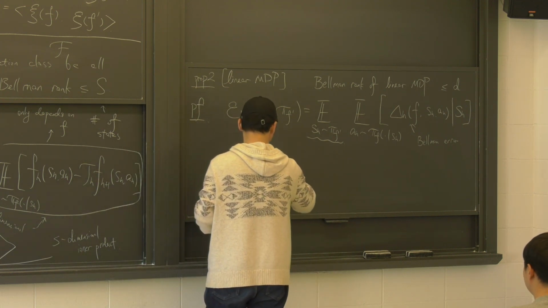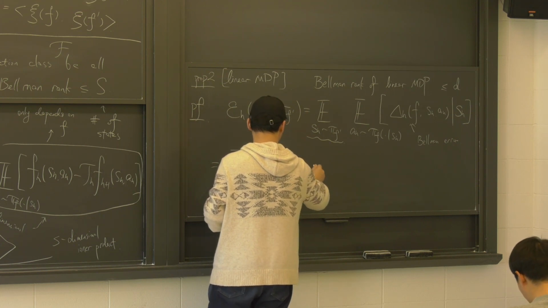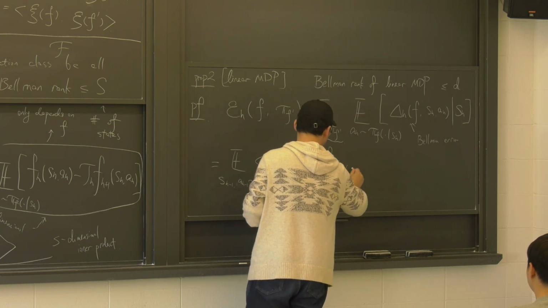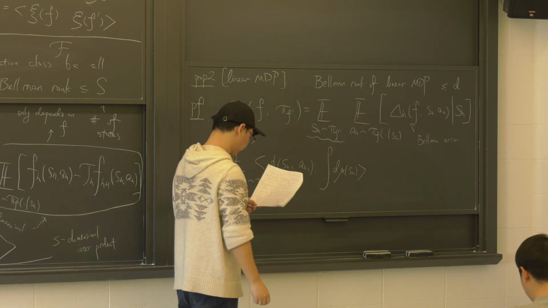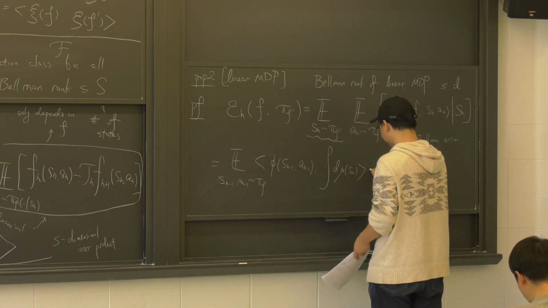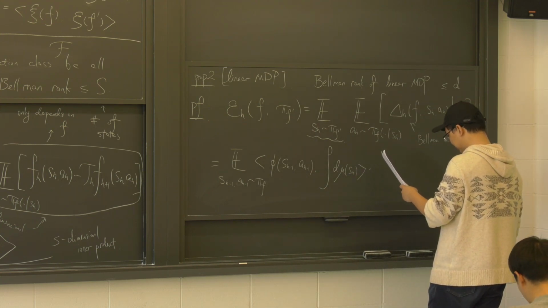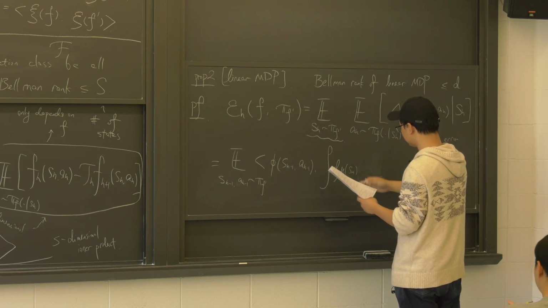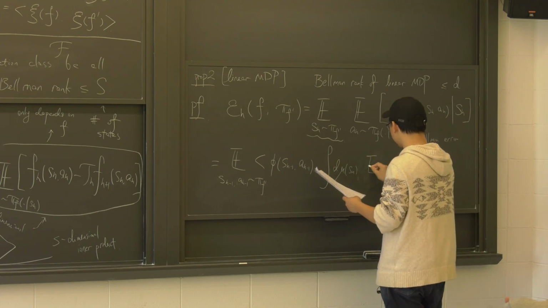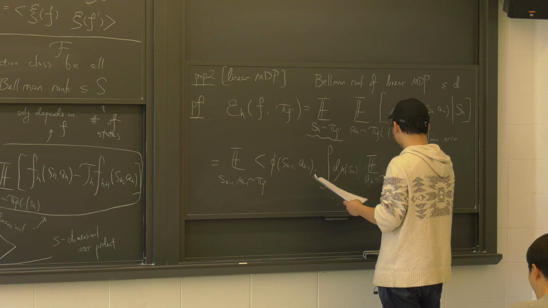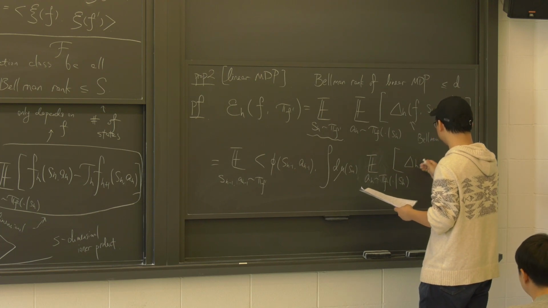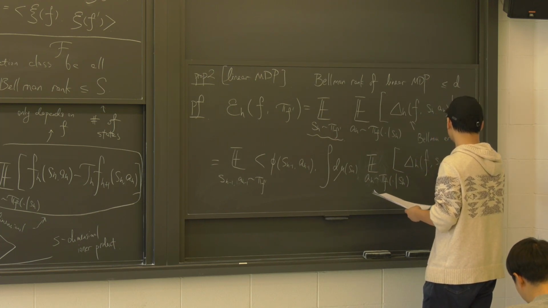So this is phi of sh minus 1, ah minus 1, with an inner product with the probability measure on sh, and this measure is inner producted with the expectation of ah sampled from pi f sh and delta h f sh ah. I'm just copying whatever is on the top.